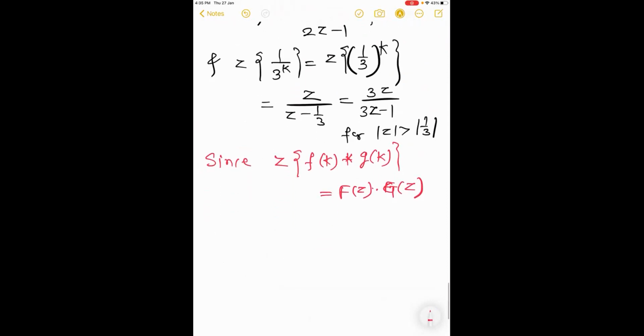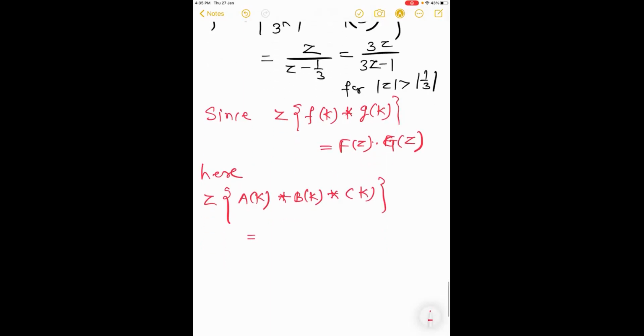So here, z transform of ak star bk star ck, three sequences, whose answer is az multiplied by bz multiplied by cz. Yes or no?